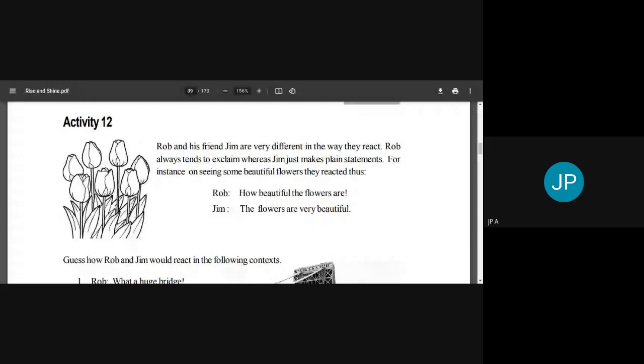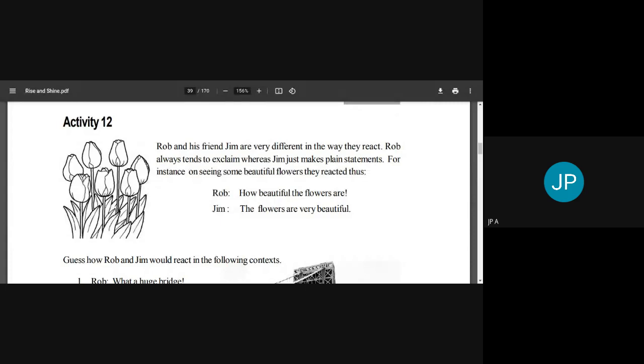So the kind of sentences that ask questions are called interrogative sentences. That is one type of sentence where you ask questions. Interrogate means question.